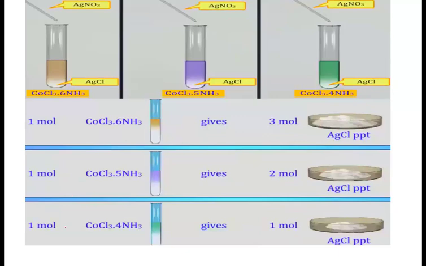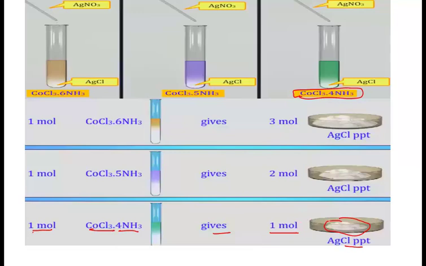Okay. Now in the third case, that is in case of complex CoCl3.4NH3, on addition of AgNO3, 1 mole of CoCl3.4NH3 gives 1 mole of AgCl.